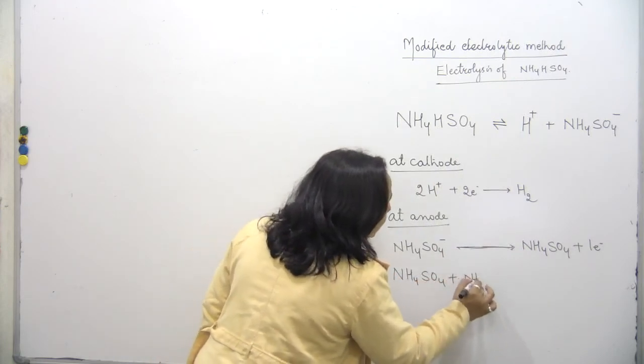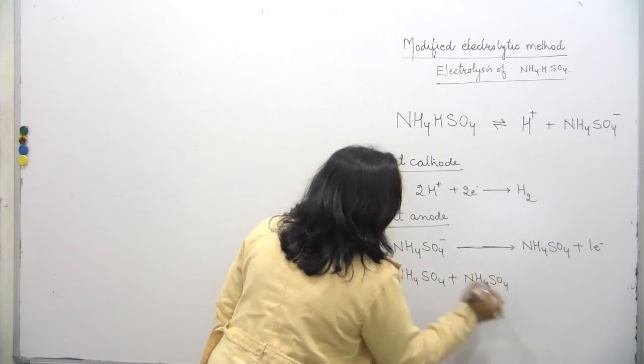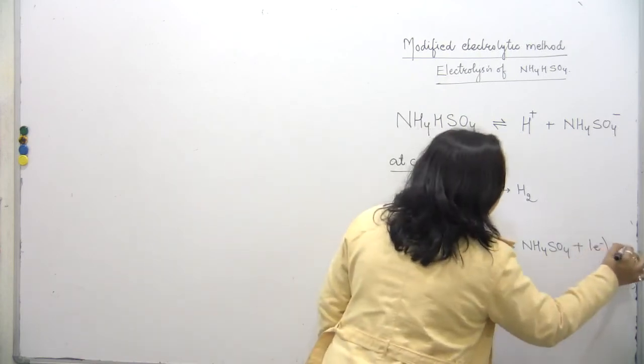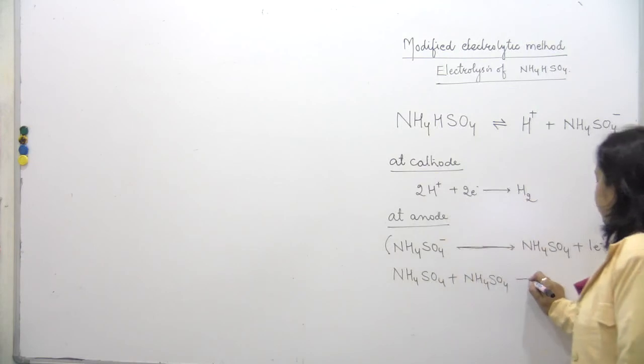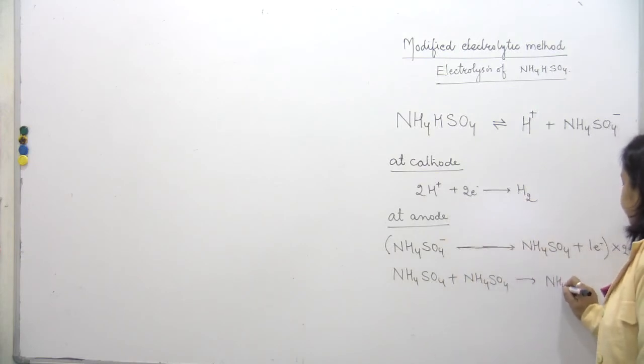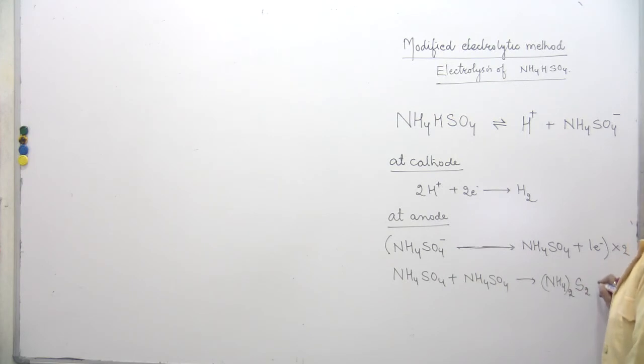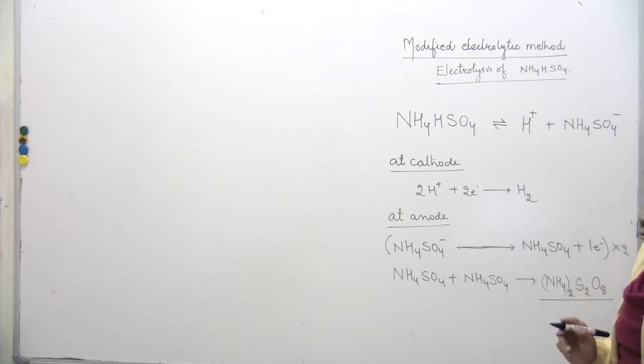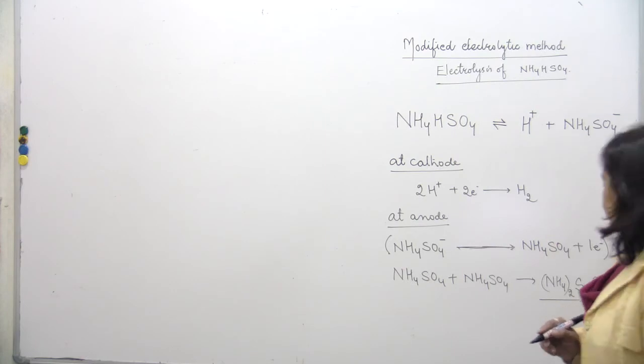It combines with another NH4SO4. This is multiplied by 2 now, and we get formation of diammonium S2O8. H2S2O8 is not formed. Now diammonium S2O8 is formed.